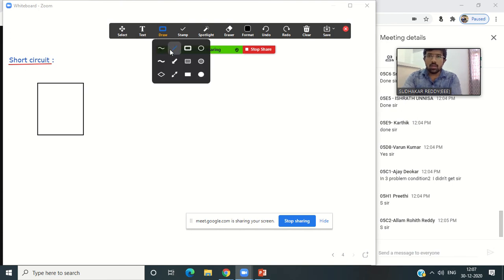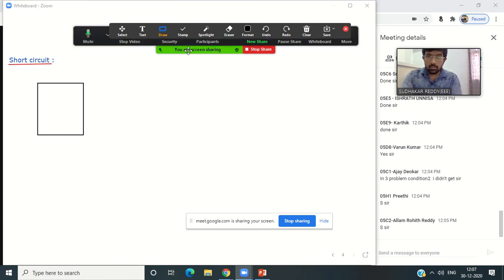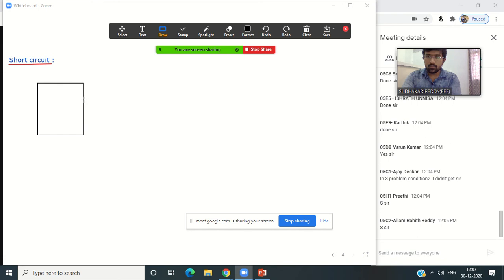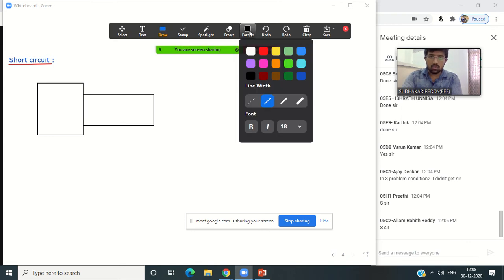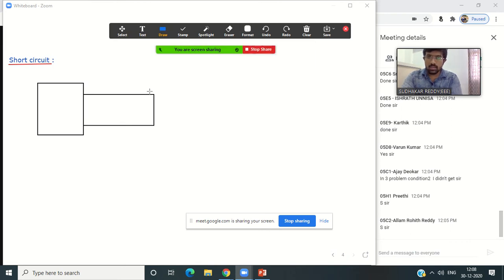If you read a newspaper every day, on average you can find at least one news item about a short circuit. At so and so place there occurs a short circuit, and that leads to a fire accident, and because of that there is huge damage.